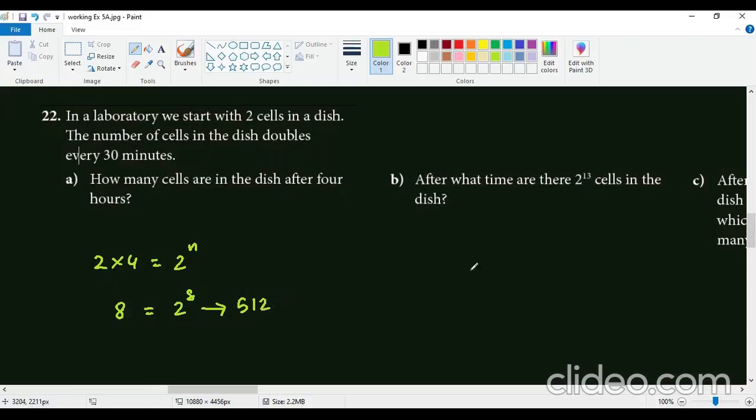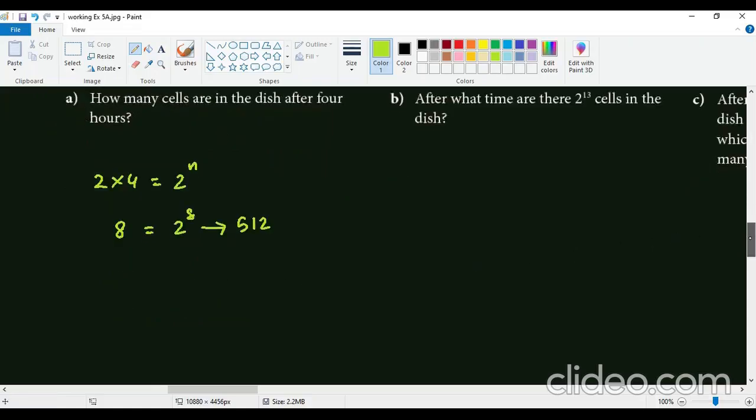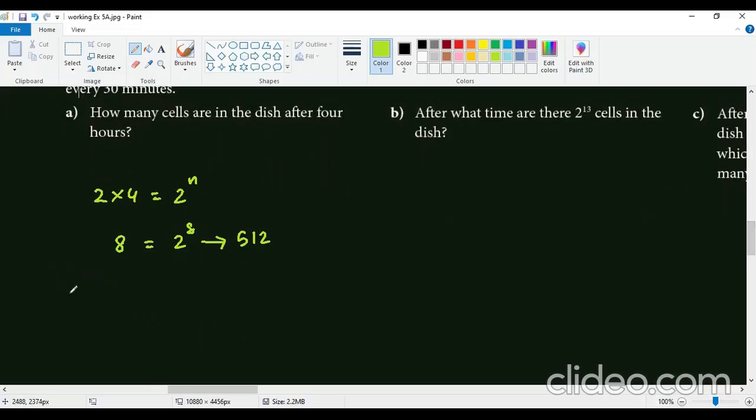Or if you need to further understand, in the first hour it's going to be 4, and in 2 hours it's going to be 8, and 3 hours is going to be 16, not 16 actually.